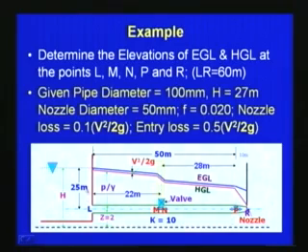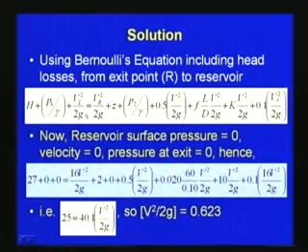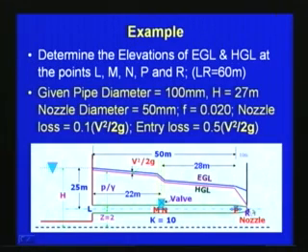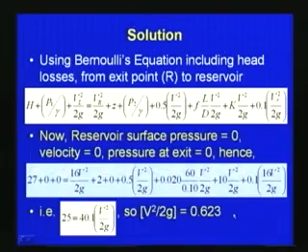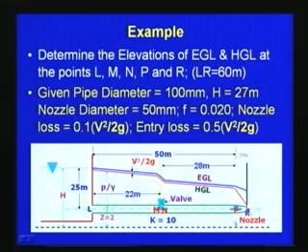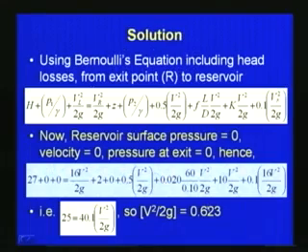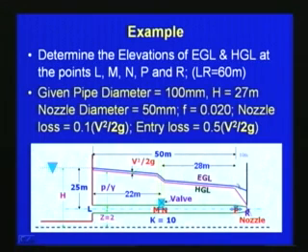So at this location it is VL square by 2g, and then the velocity at the nozzle, if it is Vr, so Vr square by 2g. Then we have to consider the datum head, which is Z. We will also consider the entry loss we have already seen, which is 0.5 V square by 2g.